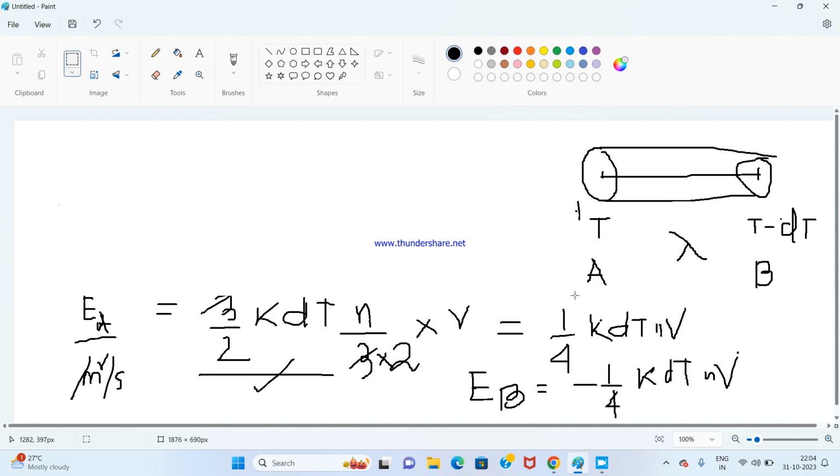Now if we find out the resultant energy, that is the energy EA minus EB. Okay, so EA is equal to 1 by 4 k dt nV and EB is equal to minus 1 by 4 k dt nV.